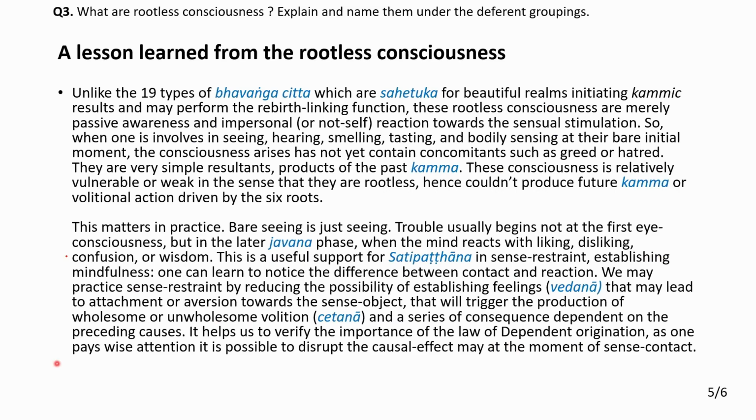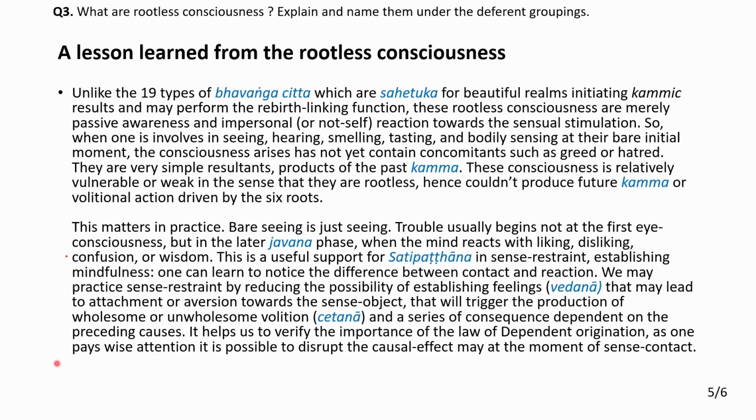Slide number 5. Unlike the 19 types of Bhavanga Chitta which are Sahetuka, do we say the Bhavanga Chitta which are Sahetuka? I mean, it could be born in the unwholesome state also, right? It's not necessarily born into the beautiful realms. If you say it like this, it is quite a generalization.